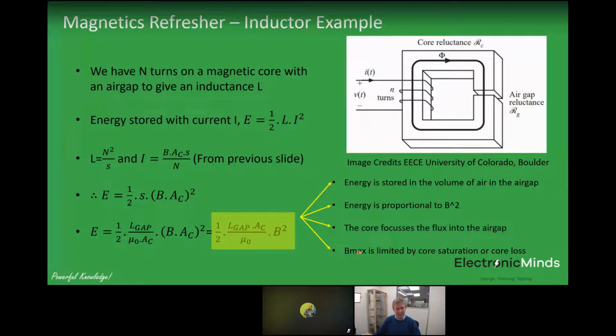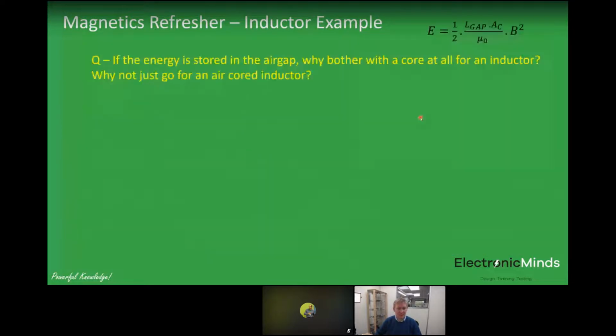So we can't take Bmax higher than whatever the properties of the material are here. And it might be a few hundred milliteslas for ferrite. It might be more for iron powder. But this is a really important equation, because it shows you if you've got a design whereby you need to store a certain amount of energy in your magnetic component, this gives you a way to go about doing that.